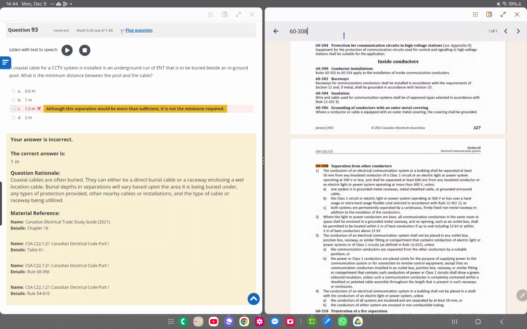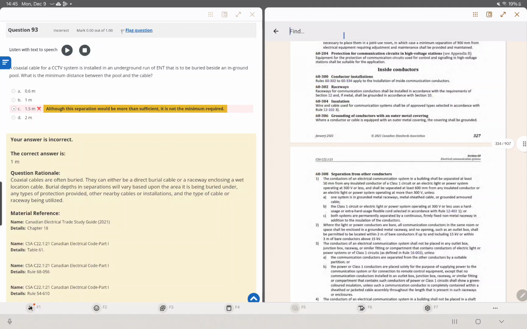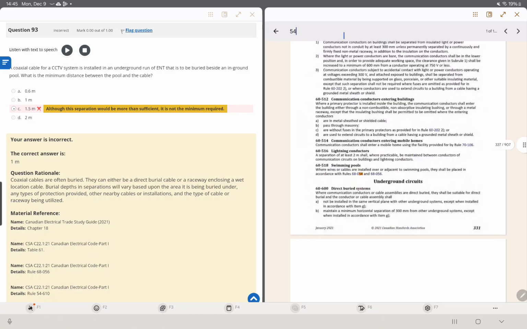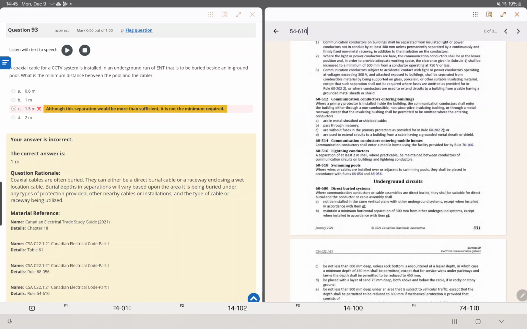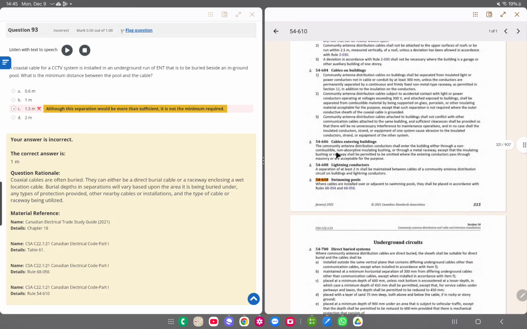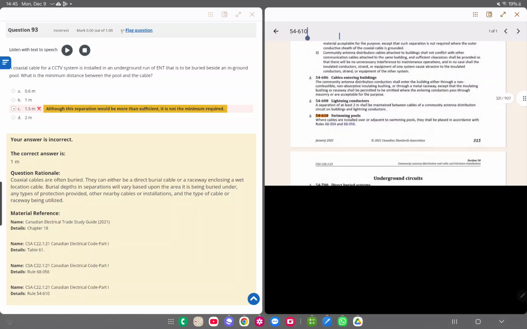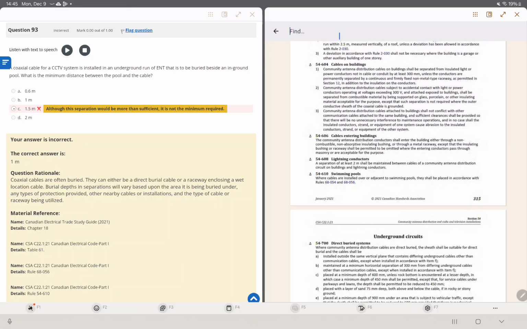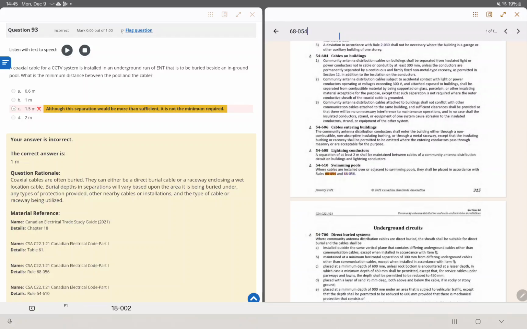So, let's go to 54-610. It says swimming pools, and it tells you cables installed over or adjacent to swimming pools are placed in accordance with 68-054 and 68-056. So now you have 68-054.